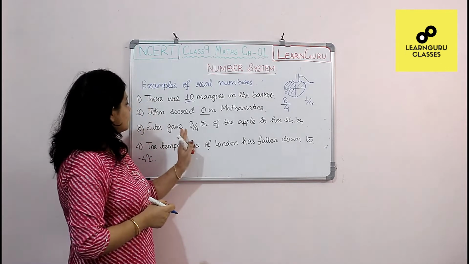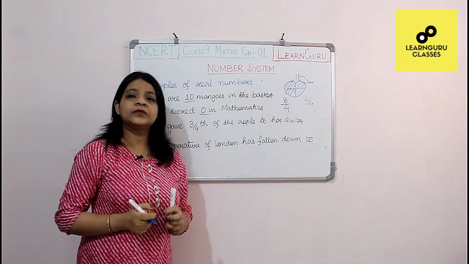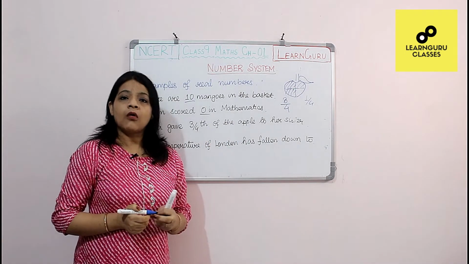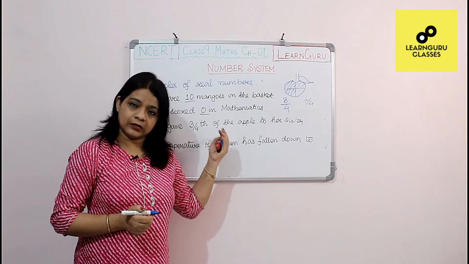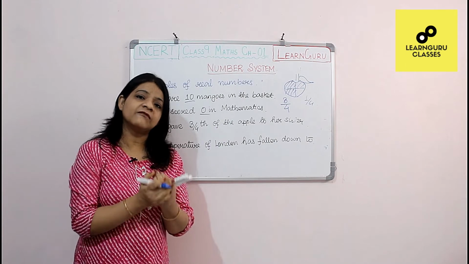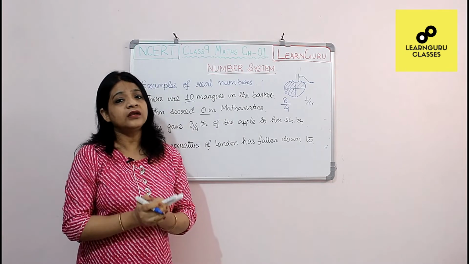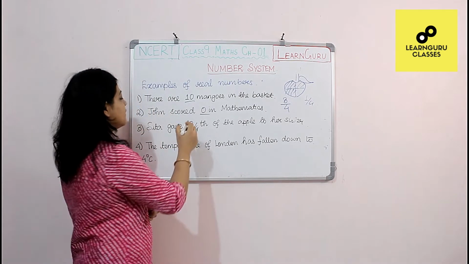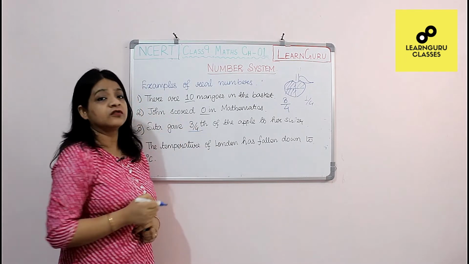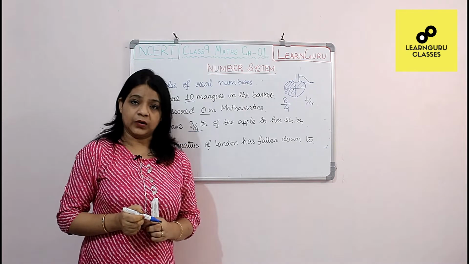So this also represents a number that signifies an amount or quantity that happens in the true world or actual world. So we can say that yes, 3/4 is also a real number.